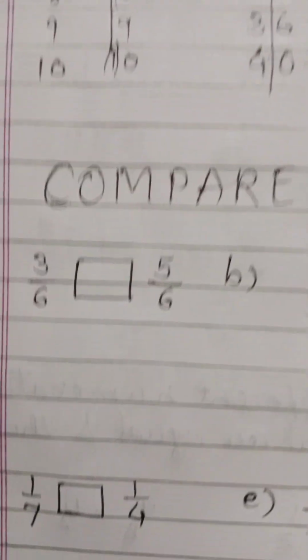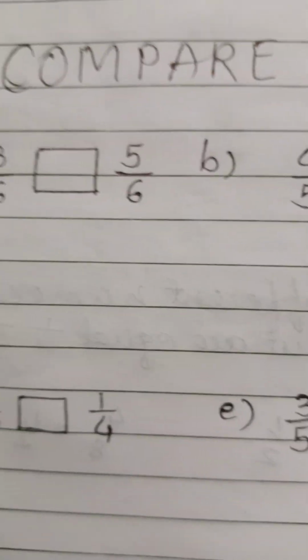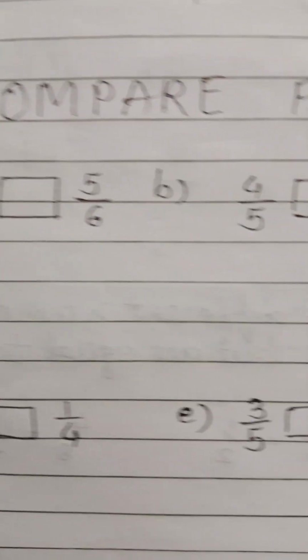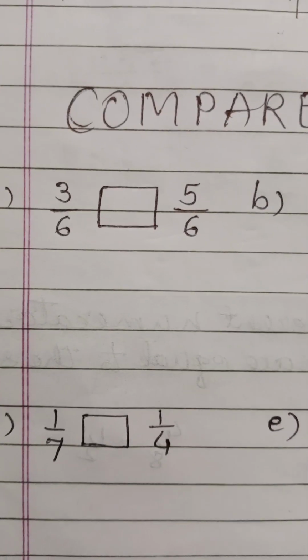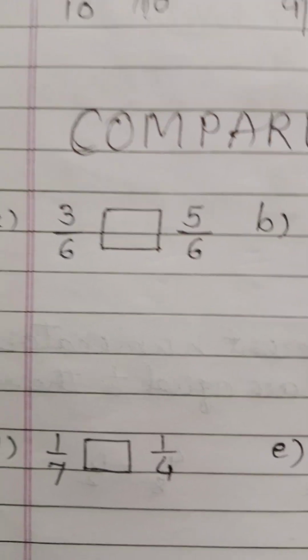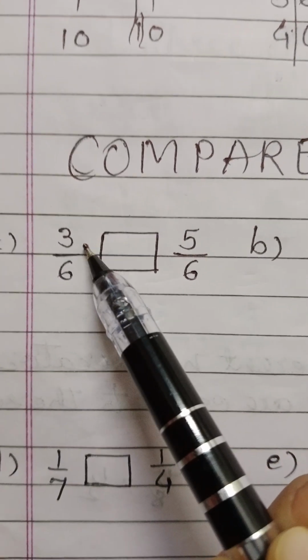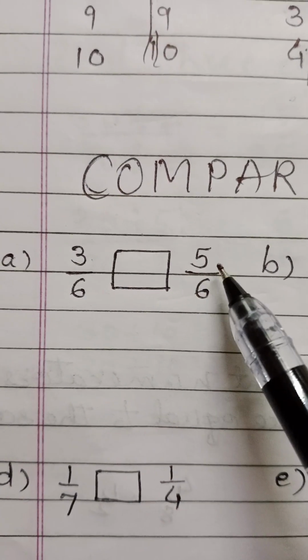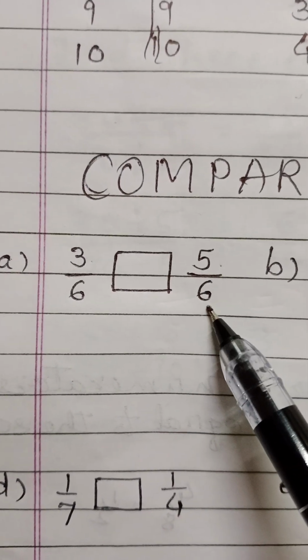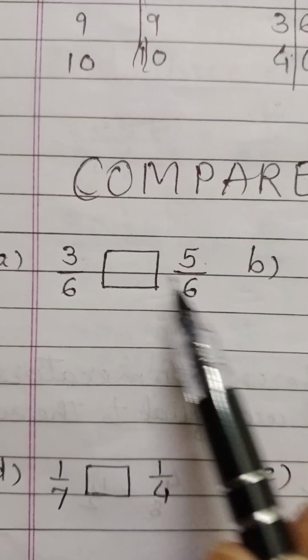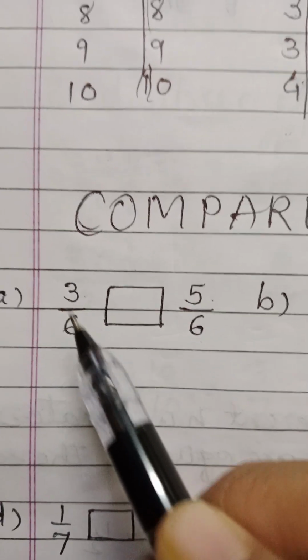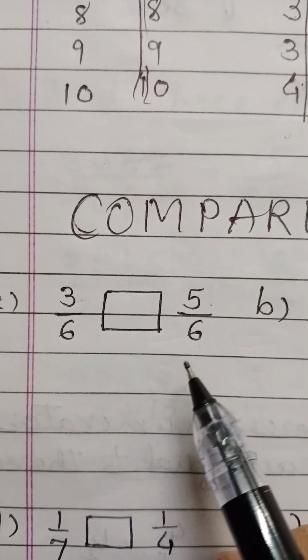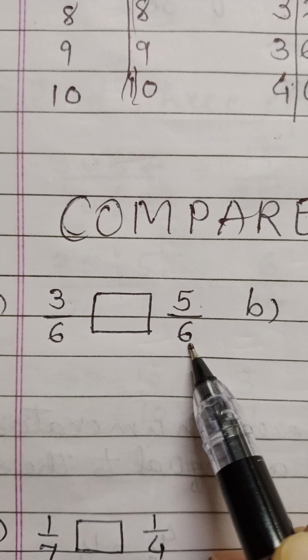But suppose you're given some examples like this and you have to compare the fractions, you need to write whether it is less than or greater than or equal to, right? See here, 3 parts out of 6 parts and 5 parts out of 6 parts. Which fraction is the greater fraction? Because here you have been given like fractions.